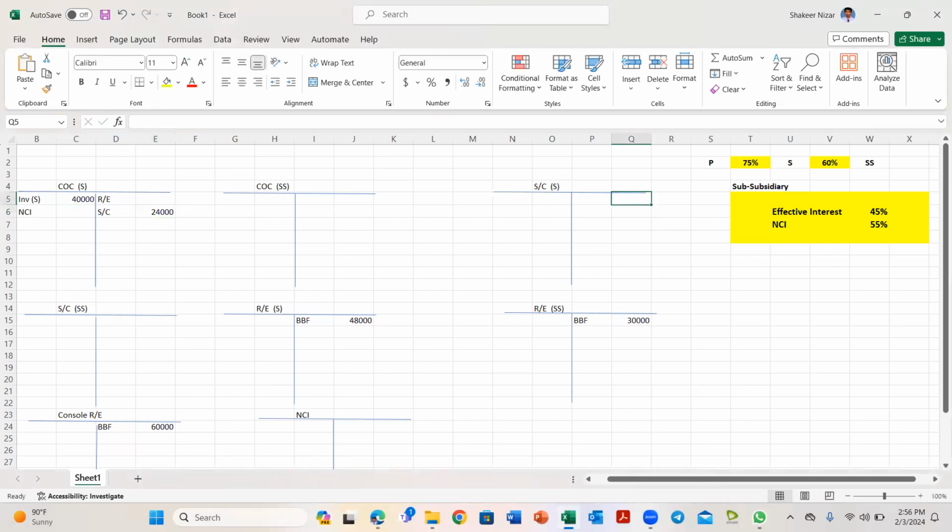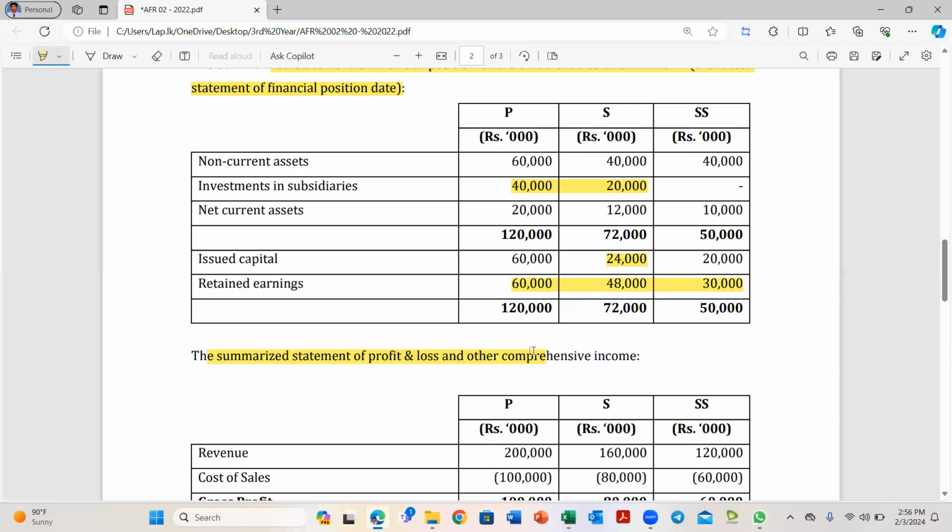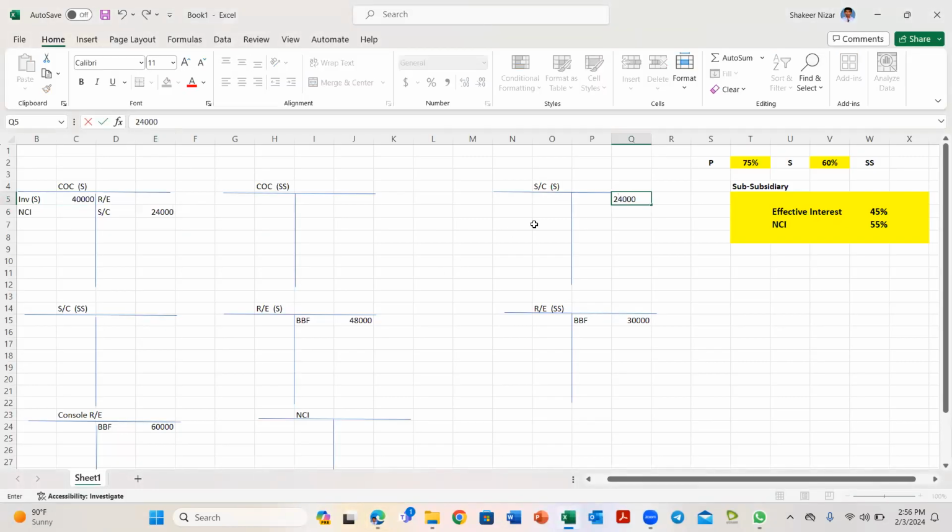Stated capital, what are the opening balances here? 24, 20, right? The first entry is: credit stated capital account, debit cost of control of the S, that is 24,000.